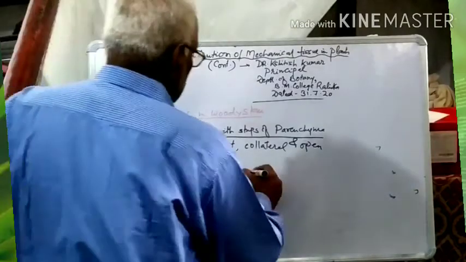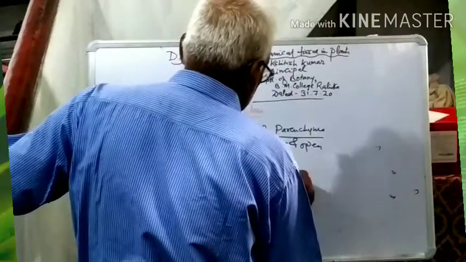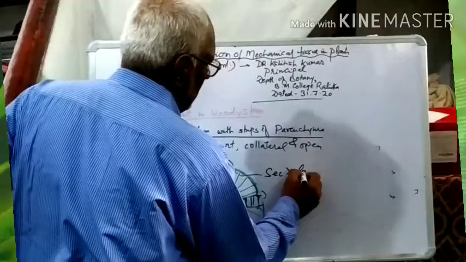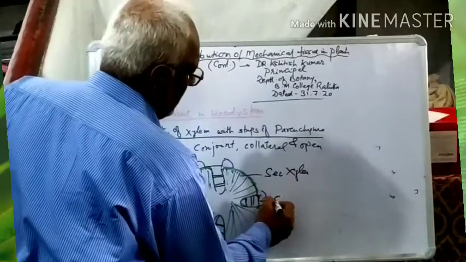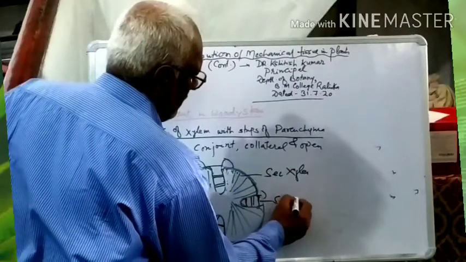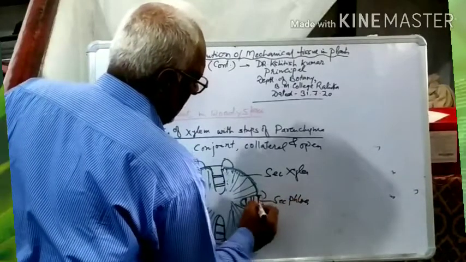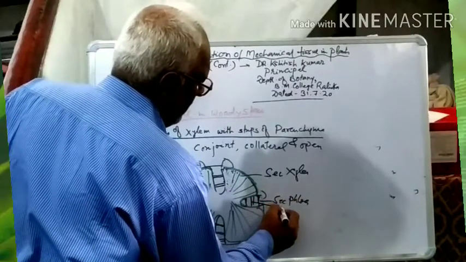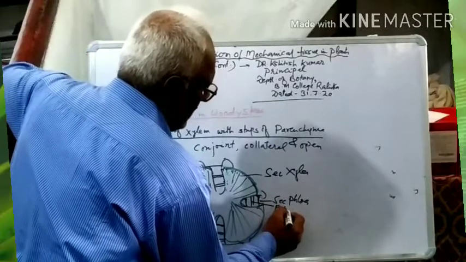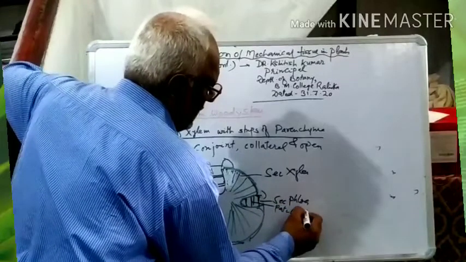This is the secondary xylem, and this is the secondary phloem, and this is the patch of sclerenchyma.